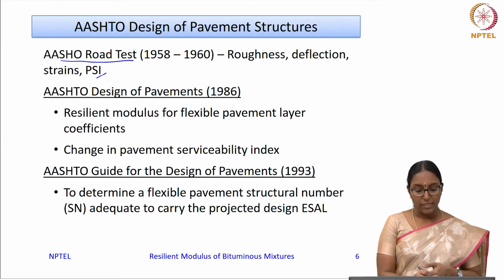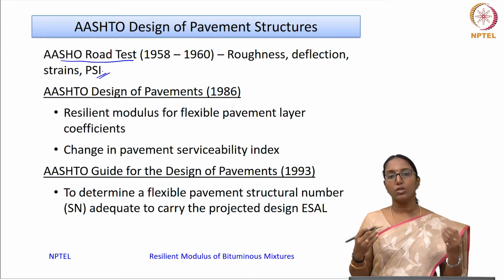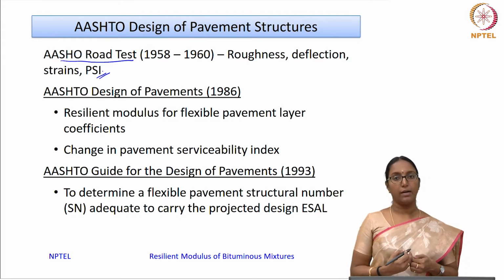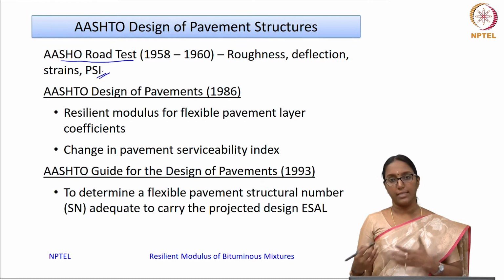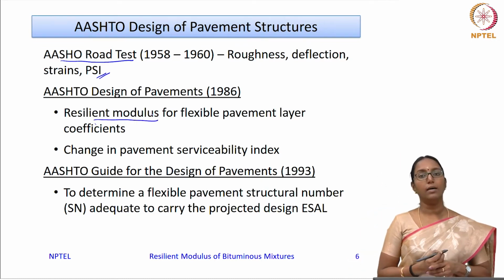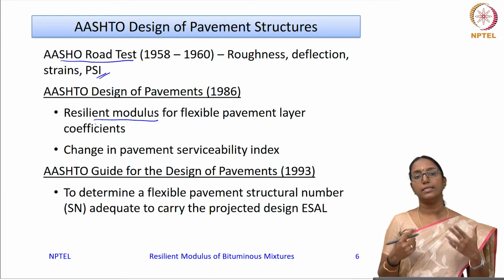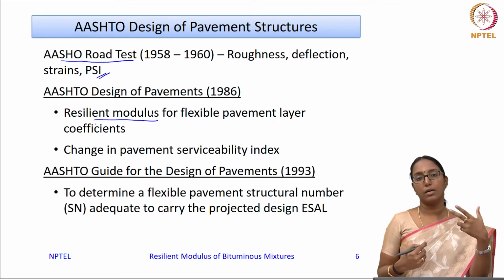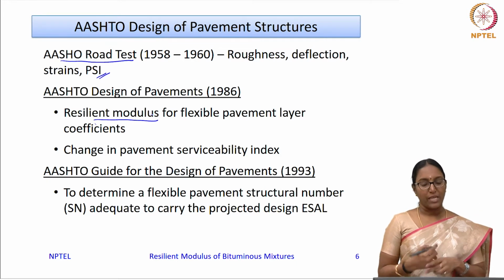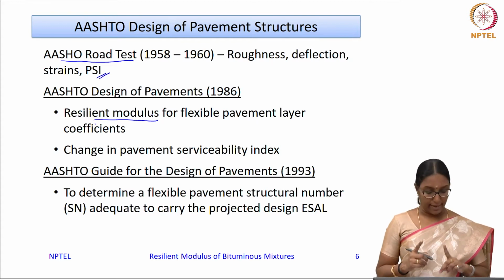The pavement serviceability index was also computed. So based on all this information, they came up with the design strategies in which resilient modulus was chosen for flexible pavement layers, and essentially the design was based on a layer coefficient concept. So in that, the resilient modulus of bituminous material is also taken as a parameter.